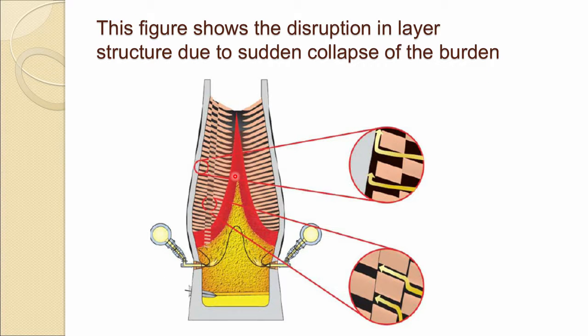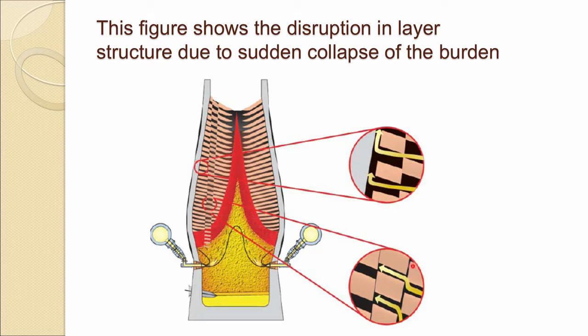Due to the slipping, the layer structure gets disturbed, and once the layer structure gets disturbed, you have a very big problem with the gas flow. Gas is facing more resistance.